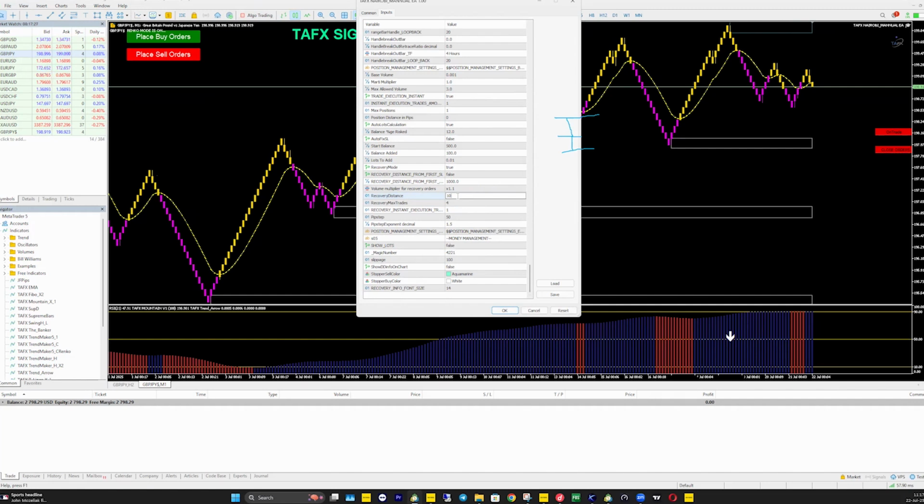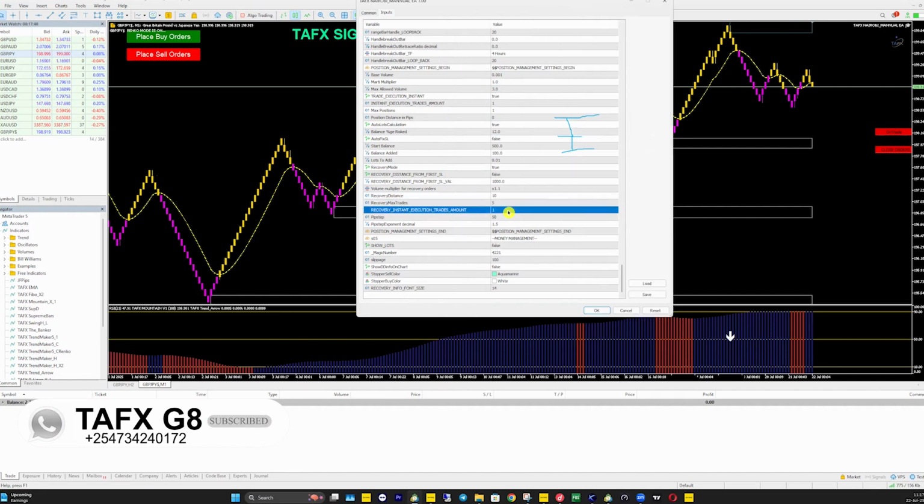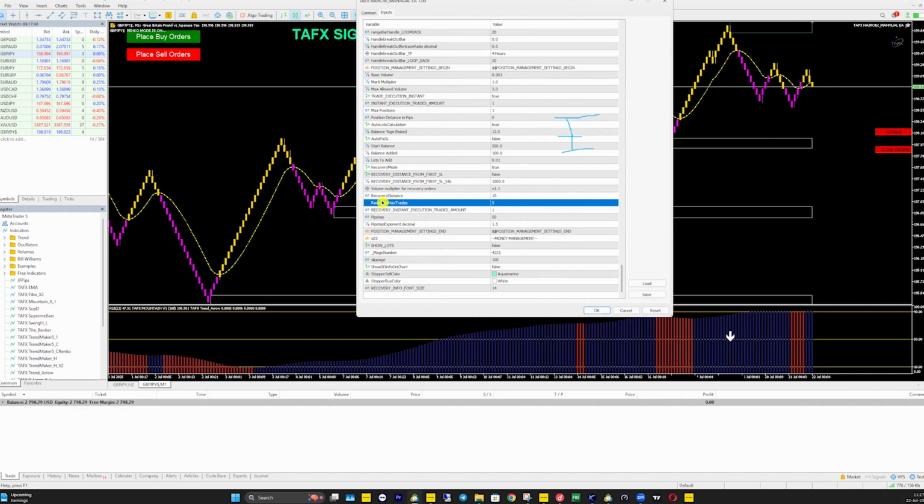How many positions do you want? Let's say, for example, we want only 4 positions, or maybe we want 5 positions. All right. Now, what is the distance? Not the distance, sorry. This is the distance, recovery distance, 10 points.